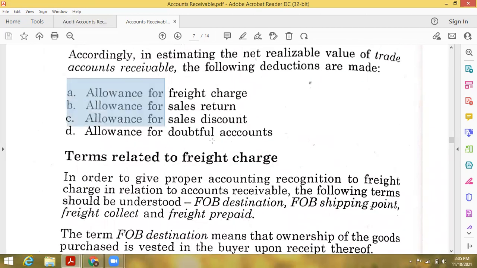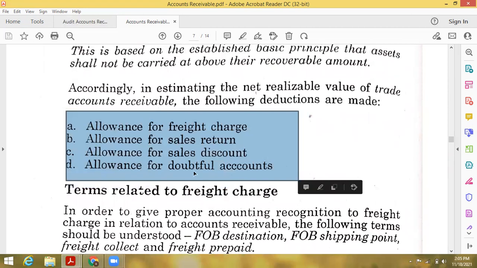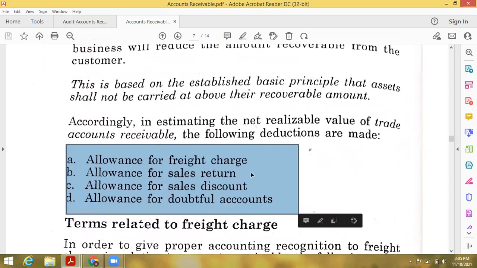So yun yung mga apat na yan is deduction siya sa trade account receivable para mag-arrive tayo dun sa NRV niya or net realizable value. So, ang gagawin natin, total receivable minus allowance for pay charge, minus allowance for sales return, sales discounts, and then doubtful account. So, yung matitira, yun na yung bagong nating receivable, which is yung NRV of our receivable, net realizable value.